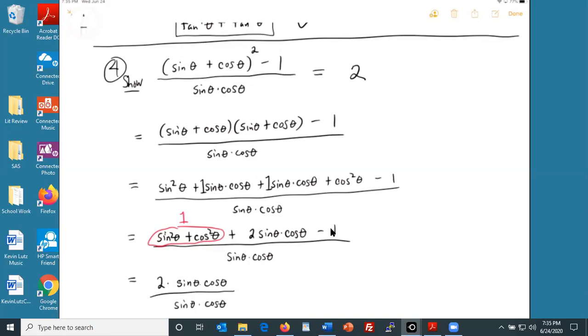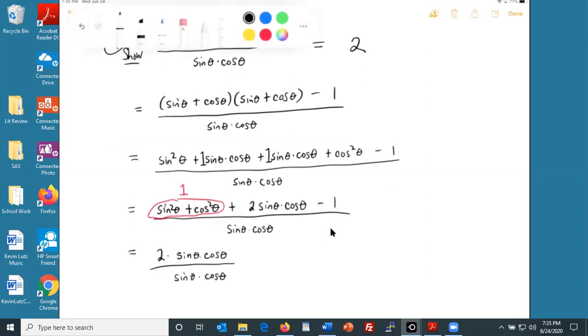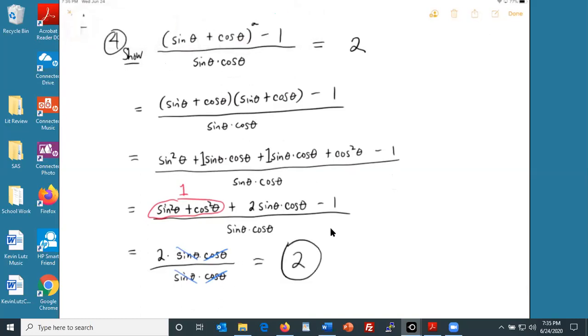And now I have a factored expression, and now common factors can cancel. So sine cancels out sine, cosine cancels out cosine, and all that's left is that lovely 2. What we wish to show had to equal 2.